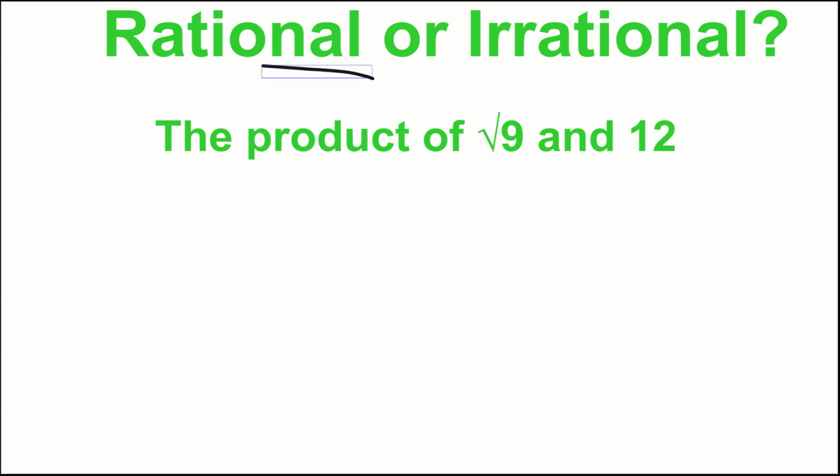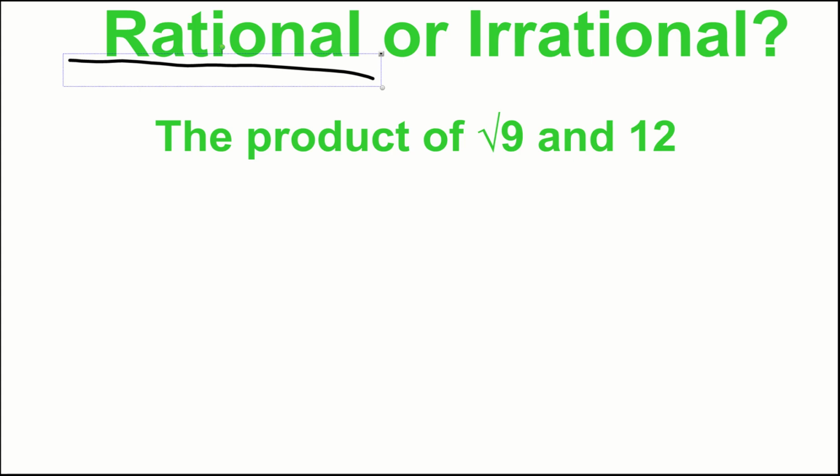All right, so this one is going to be rational. Here's why. Product. What does product mean we're doing? Multiplication. Product is the answer to a multiplication problem. Remember, sum is addition, difference is subtraction, quotient is division, and product is multiplication, okay? So that means we're multiplying here.